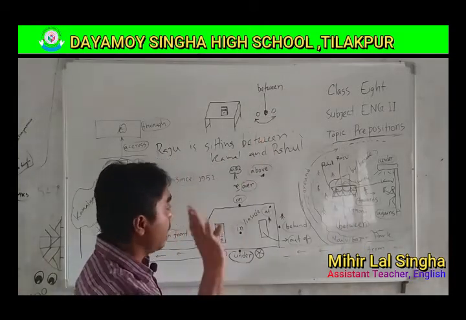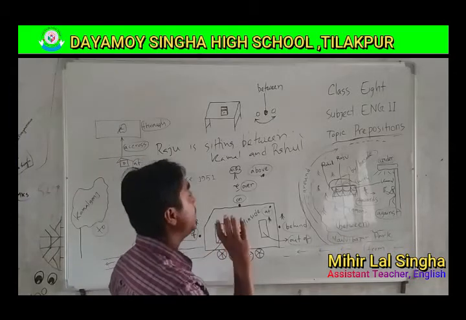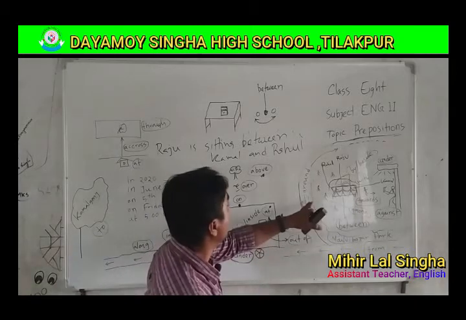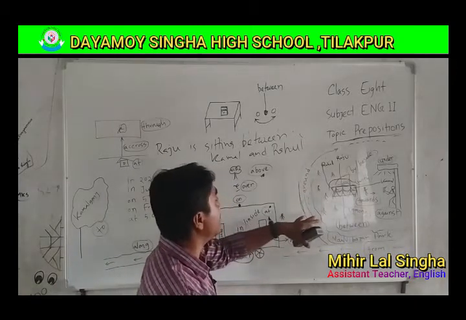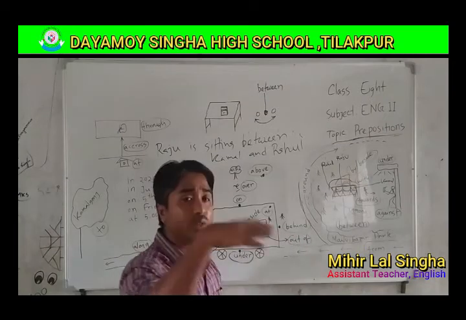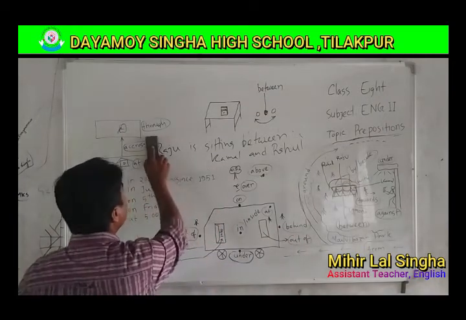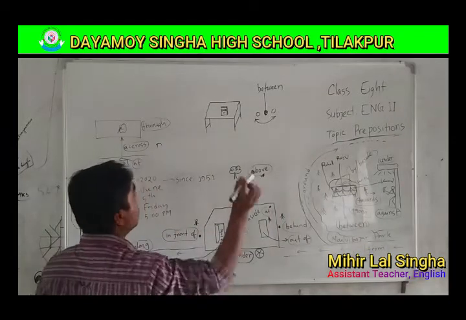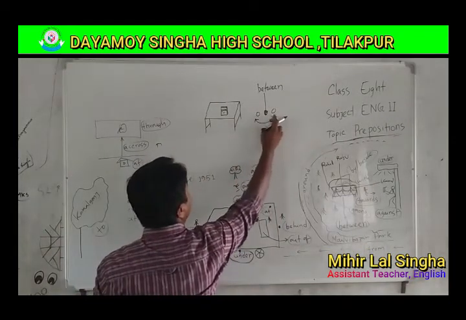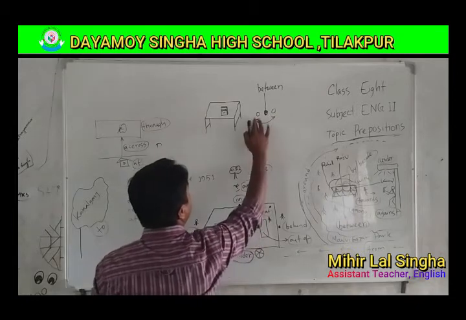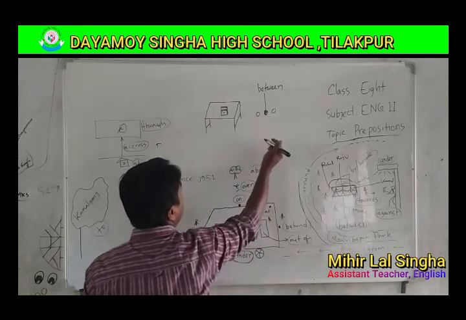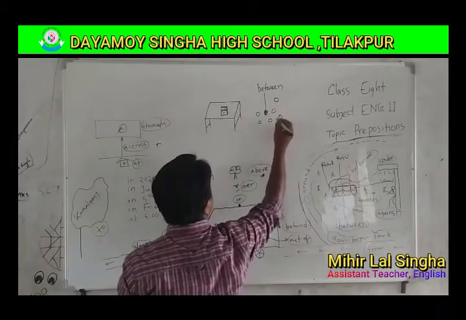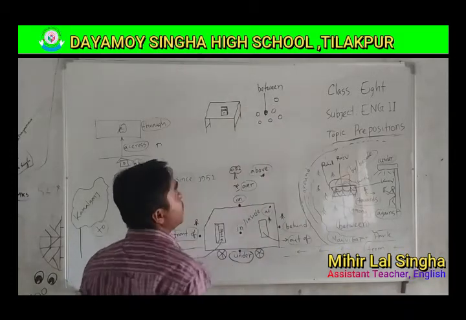If something is placed or specified at the middle of more than two, then we have to use the preposition among. So one, two and this is at the middle, and if we add more, now we cannot use between.